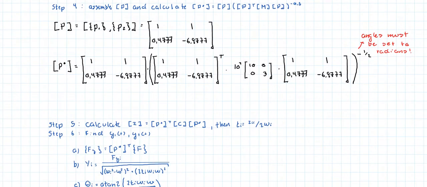Okay, so the P star matrix, we're going to write it out. P star is equal to, and you get 0.0306, so 0.0306.